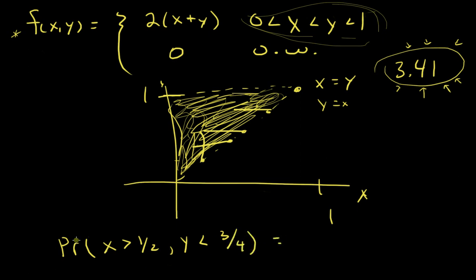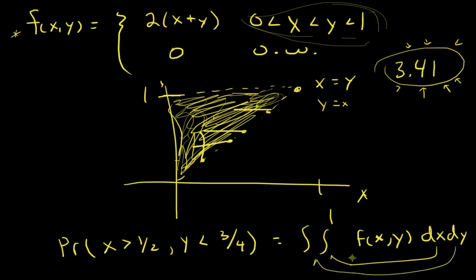Okay, so this is a joint probability involving both x and y, so I know I'm going to be needing to integrate the joint probability distribution function. Your order of integration doesn't matter. You can do dy dx or dx dy. What does matter is that whatever your order of integration is, that it matches the bounds for your integral.